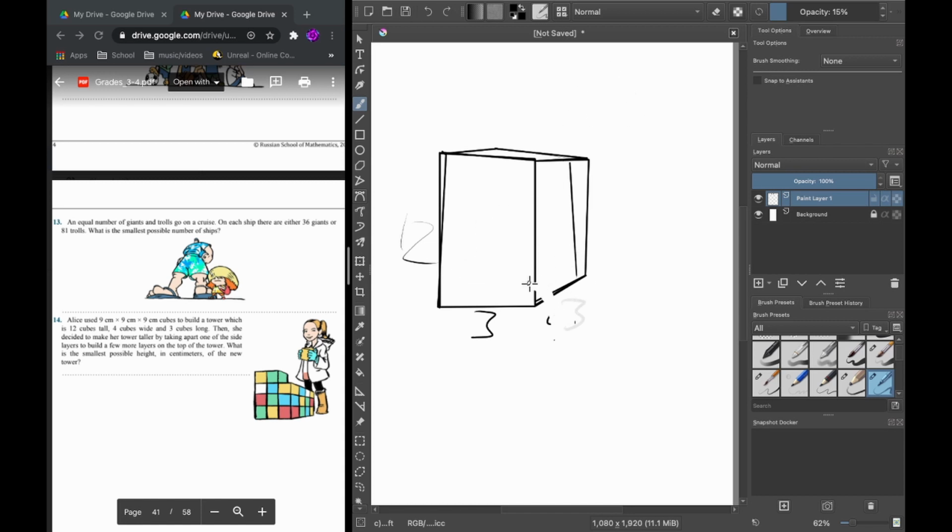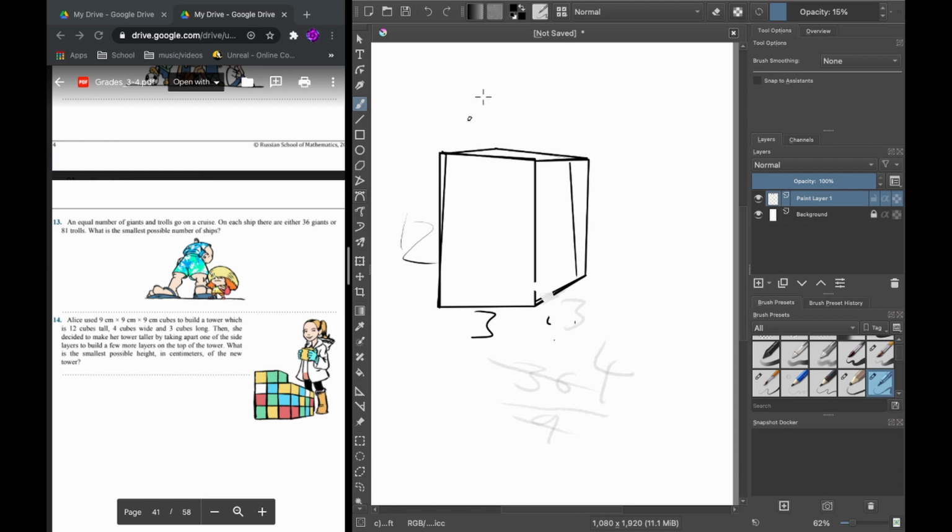Since we know that there's 36 blocks, we would do 36 divided by 9. And you'll get 4. Well, why are we dividing by 9?